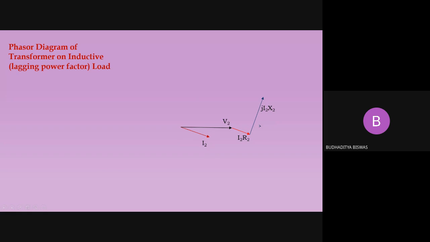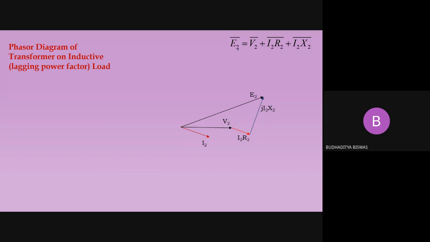Now coming to this figure, what is this V2? V2 is the voltage drop across the load. I2 R2 is the voltage drop across the resistance. j I2 X2 is the voltage drop across the reactance. If we add these three voltages, we get E2, because the induced voltage is the main source of voltage in the secondary winding.